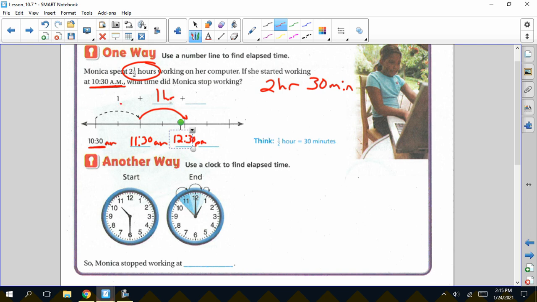So that's 1 hour plus another hour. There's our 2 hours. The last thing we have to do is add our 30 minutes. 12:30 plus 30 minutes would give us 1 o'clock PM.